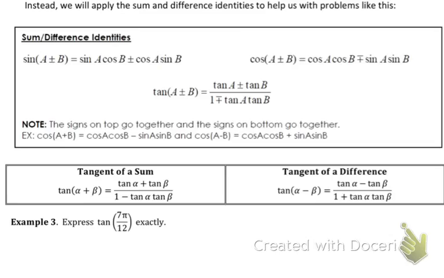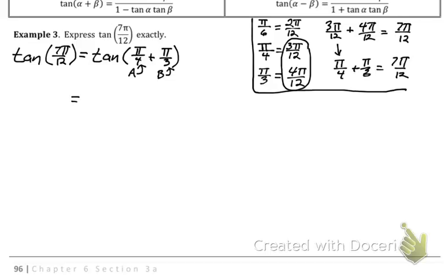And then we go back to our possible sum and difference identities. Well, it's obviously tangent. It's plus. So we're going to have tangent of our first term plus tangent of our second term in the numerator. And on the bottom, we're going to have 1 minus tangent of our first term times tangent of our second term. So let's go ahead and write that down.